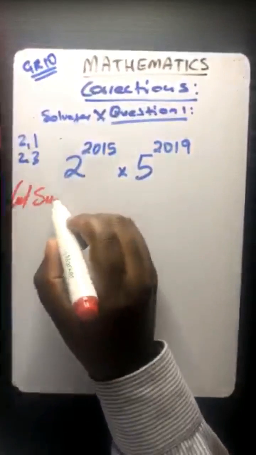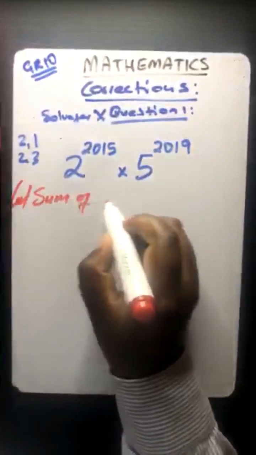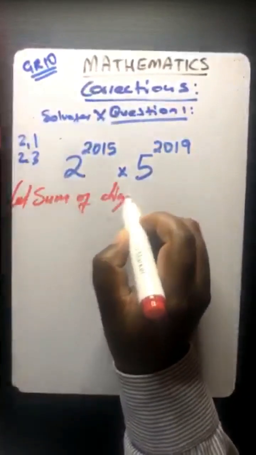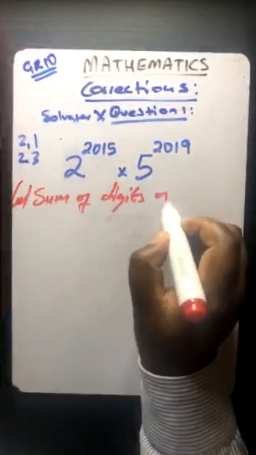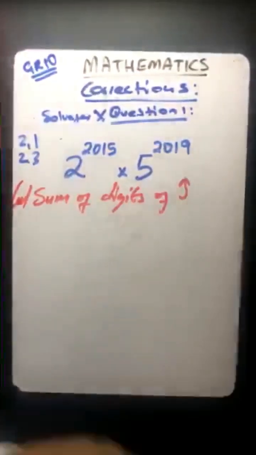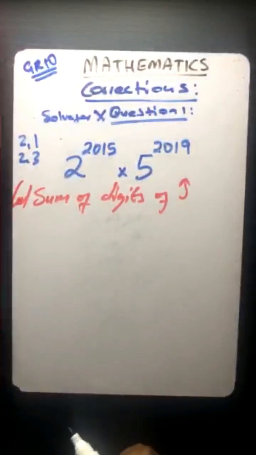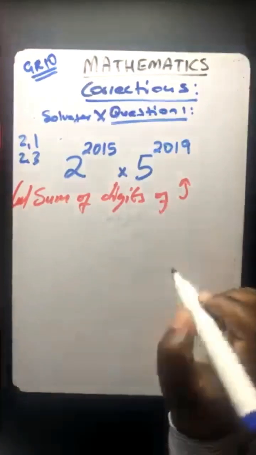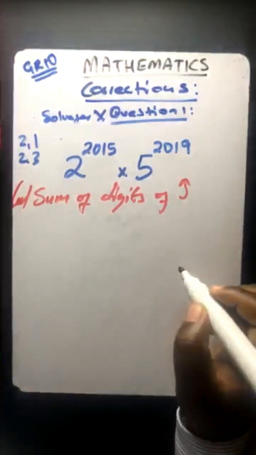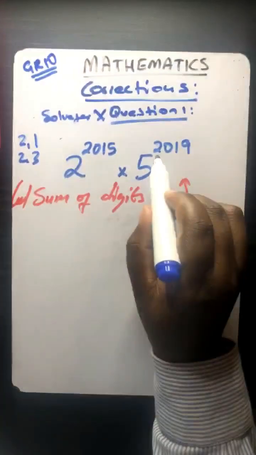Okay, this one says calculate the sum of the digits of that problem there. I'm not really that concerned about that part of the sum. I just want to show you how you work out this type of problem where you are dealing with big exponents. How about we try to work this out to make it the same as that?